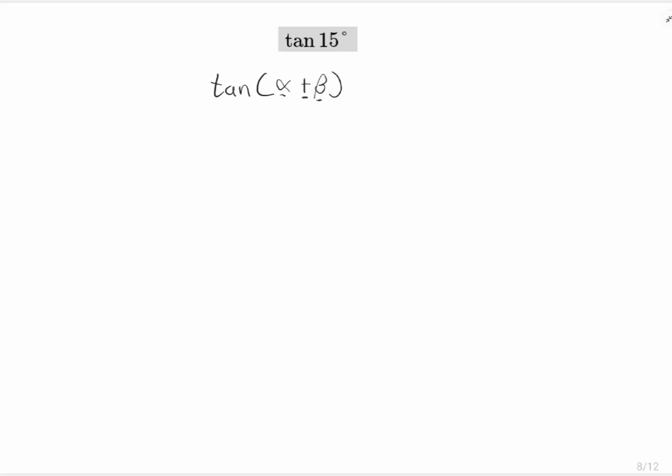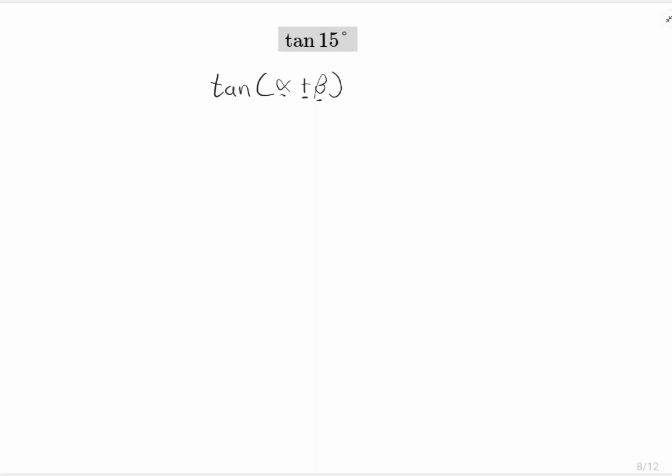So how are we going to go about deciding which angles these unknown angles are going to be? Remember, when we're working with compound angles, we want to work with special angles. That is the main reason why we are working with compound angles. So we want both angles to be special angles.